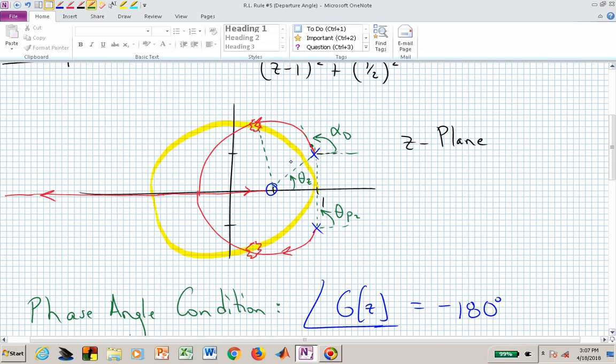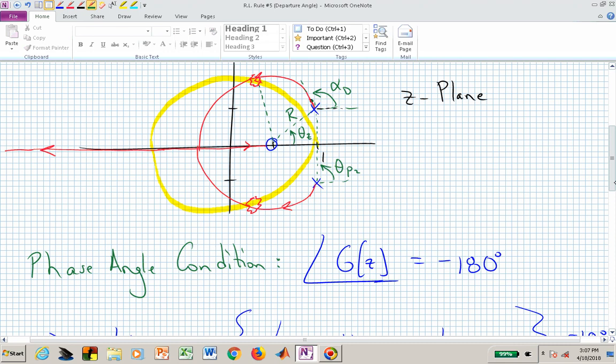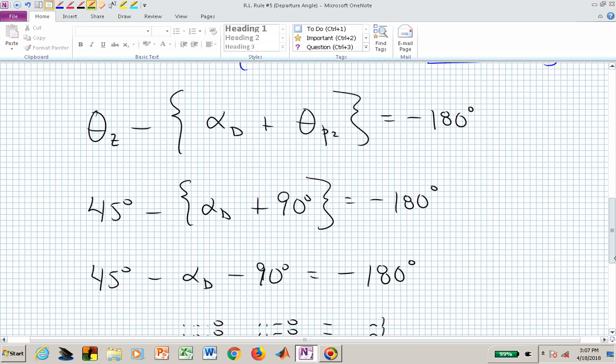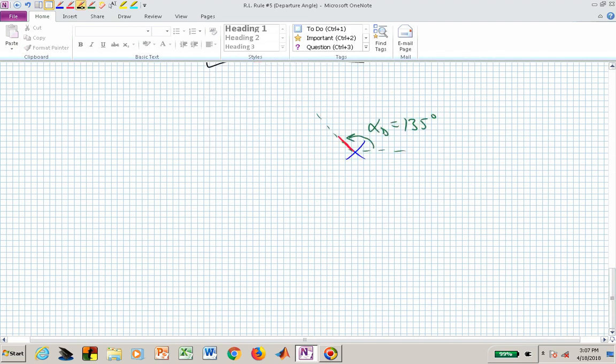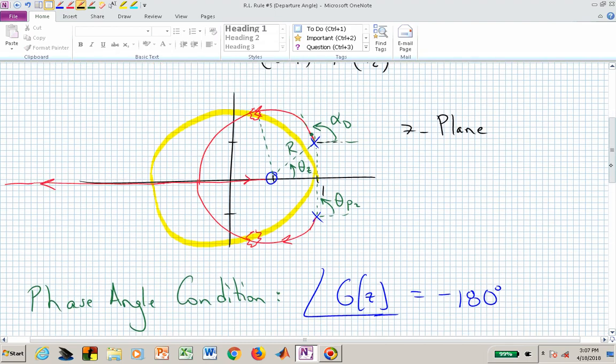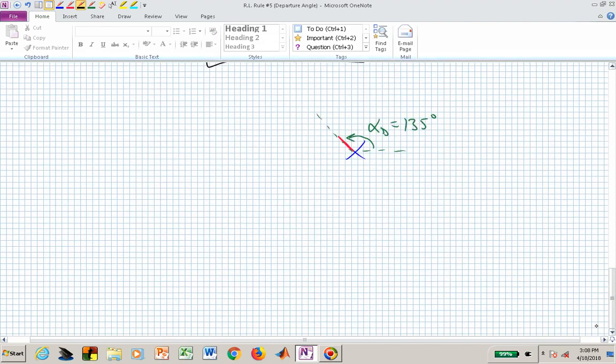So if this is some r distance away from the zero, we can figure out what that r is because we know the location of the zero and the location of the pole. For demonstrating what we can do based on the tools that we possess, let's examine how to find r.